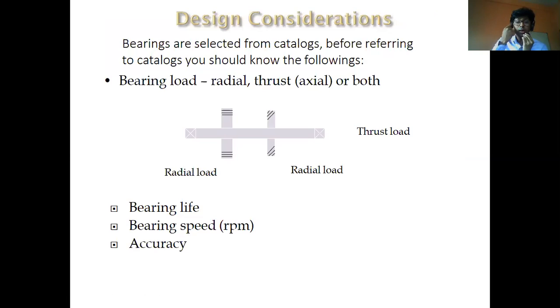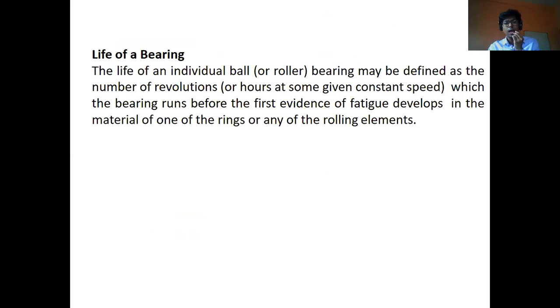Okay, so bearing load. Here the important thing that we need to find is bearing life. What is the life of any bearing? And the bearing speed and accuracy. The bearing life of an individual ball or roller bearing may be defined as a number of revolutions. In some cases it will be in revolutions, in some cases it will be in hours.